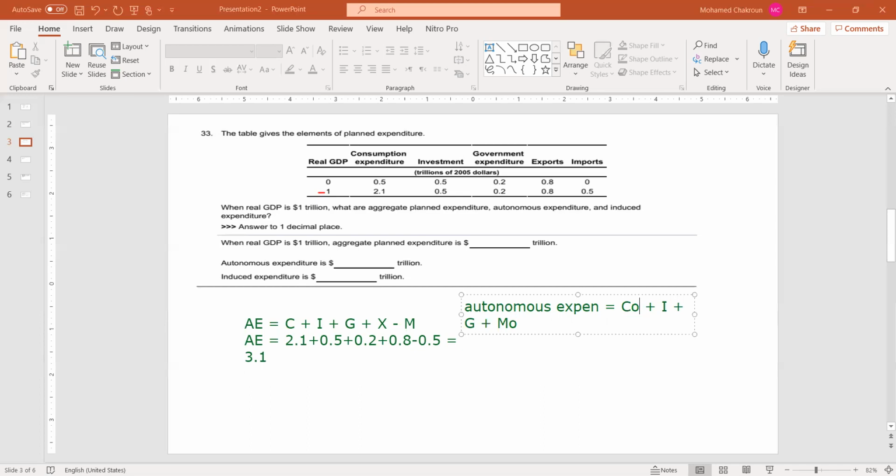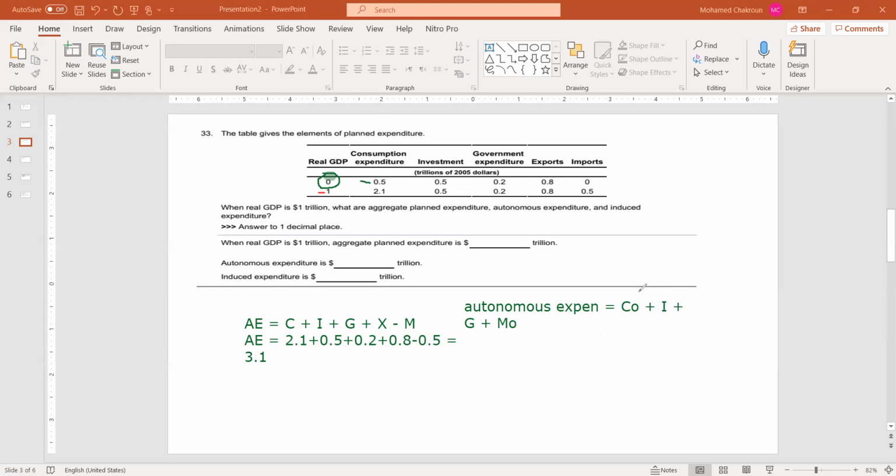Now, how to find autonomous consumption, for example? So we need to look at this column. When real GDP is equal to 0, consumption expenditure is equal to 0.5.